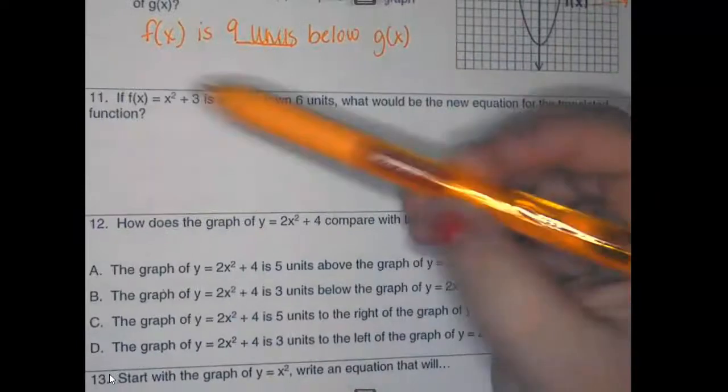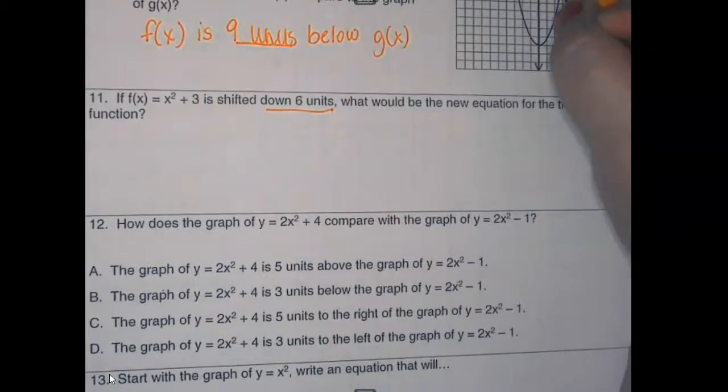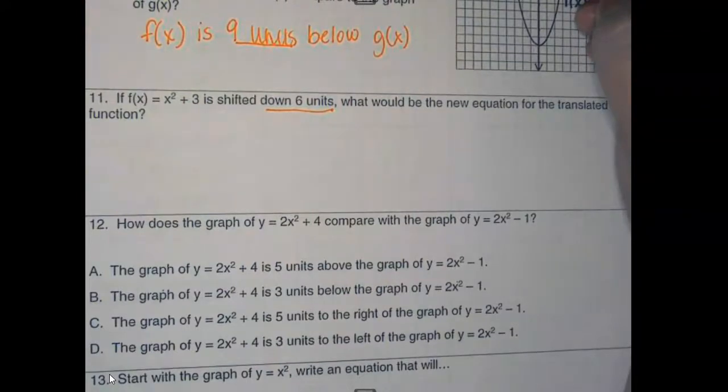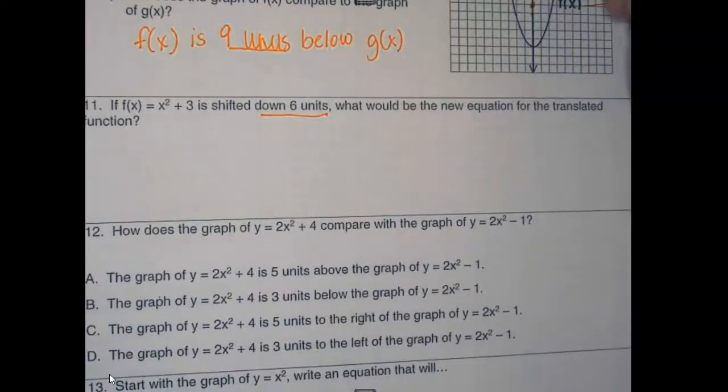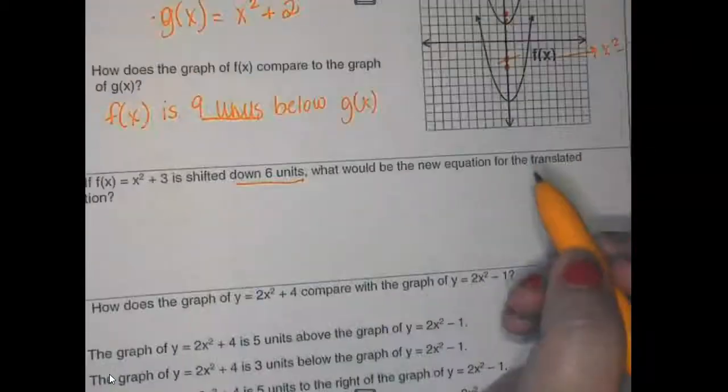Number 11, if x squared plus 3 is shifted 6 down. So if you have to come up here and graph where that is going to be, the f of x would be that plus 3, that vertex, and it's going to go down 1, 2, 3, 4, 5, 6. Oh my goodness. 1, 2, 3. It should be right there. Shouldn't use a pen for that reason. Okay.